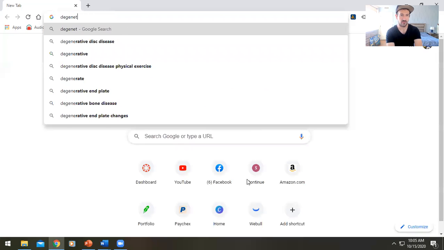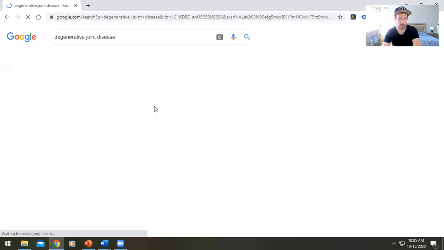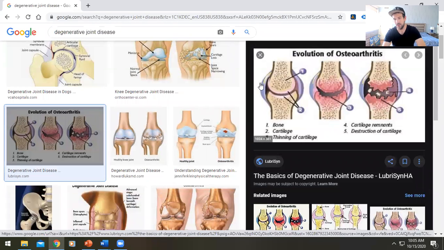So degenerative joint disease is going to look like this. The cartilage, the material between your bones, you beat it up, you've had a hard-lived life, and so everything's kind of worn down.